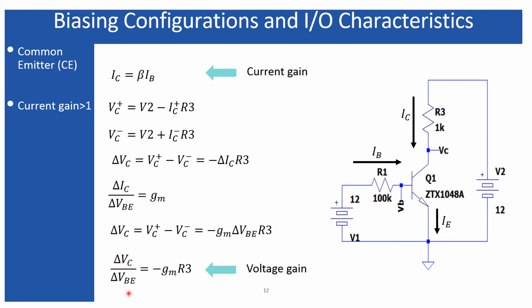So therefore the ratio is going to offer you a very high value, much greater than 1. Therefore, in case of common emitter, we have both the current gain and voltage gain as well.